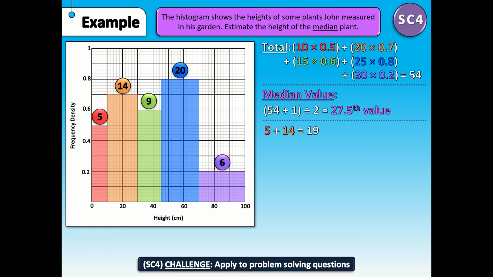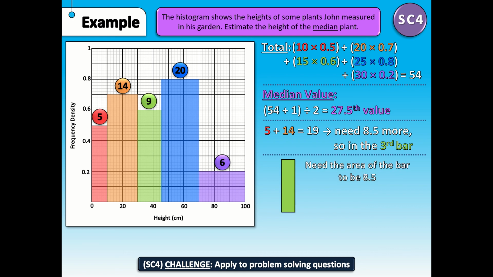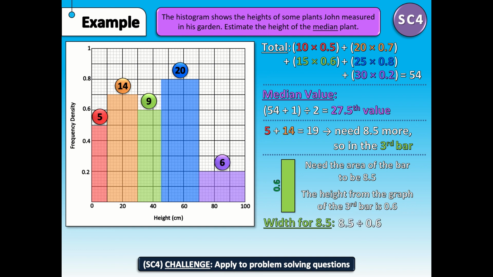So that's 5 plus 14, and we need 8.5 more, so we need to have a look at the third bar. So we need an area of 8.5, and we know the green bar has a height of 0.6. So to find the width, if the area is 8.5, we divide by 0.6, so that's 14.16.